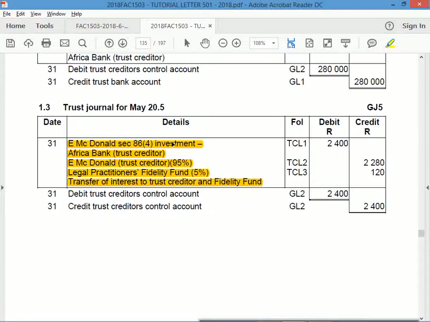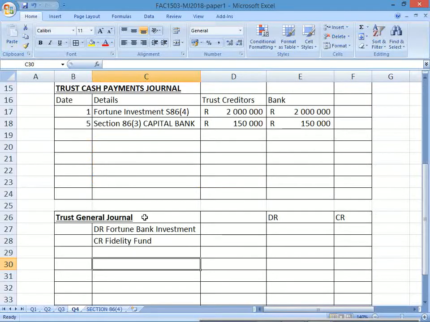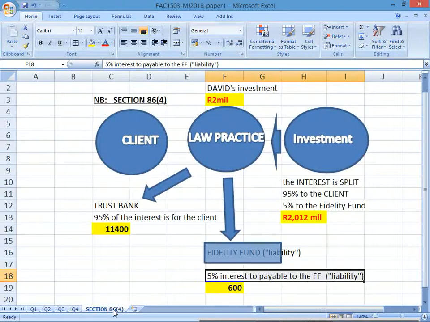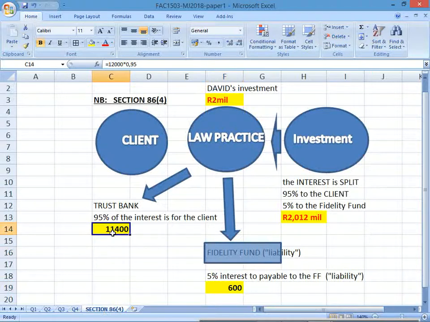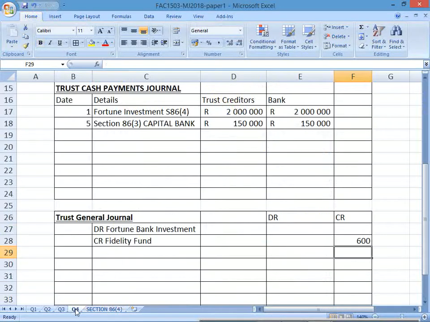Okay, the investment we decrease, that's fine, and then we need to show the split. Okay, so the Fidelity Fund, we would have shown what we worked out here, 600. Okay, 600 goes there. Go back here, 11,400 must go there. 11,400 must go back to the client.